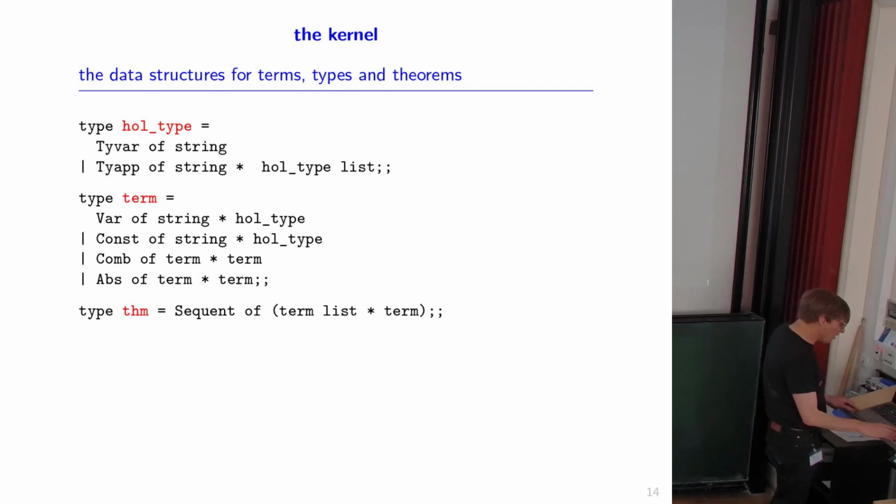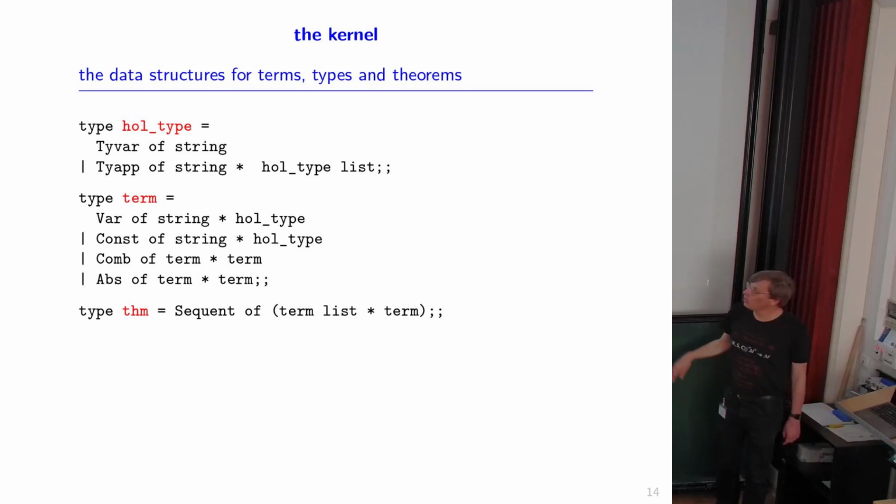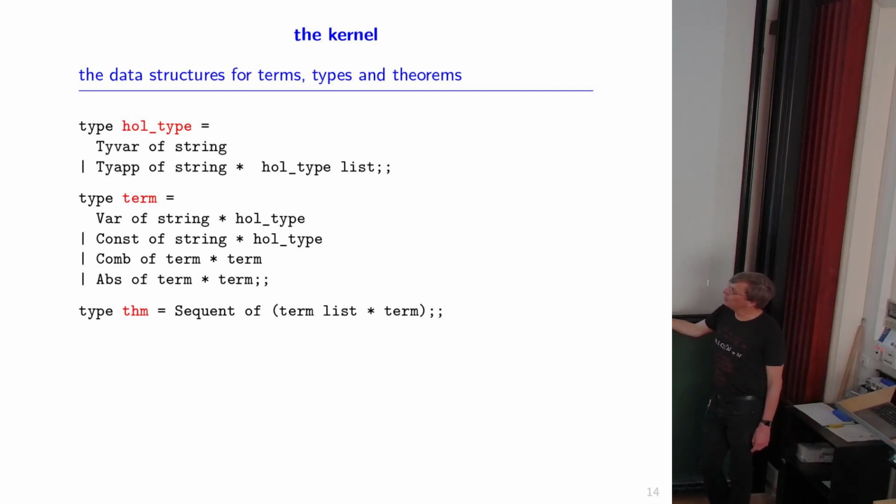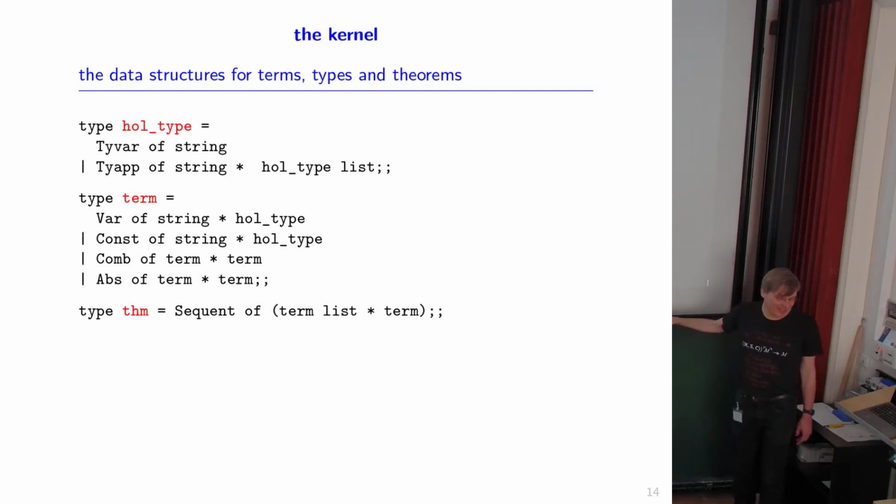Okay, if you go to the HOL sources, there's a file called fusion.ml. It's not about cold fusion. That has these definitions at the top. And why is it called fusion? It used to be the case that there were 3 files: type.ml, term.ml, theorem.ml. And those had the definitions for those things.